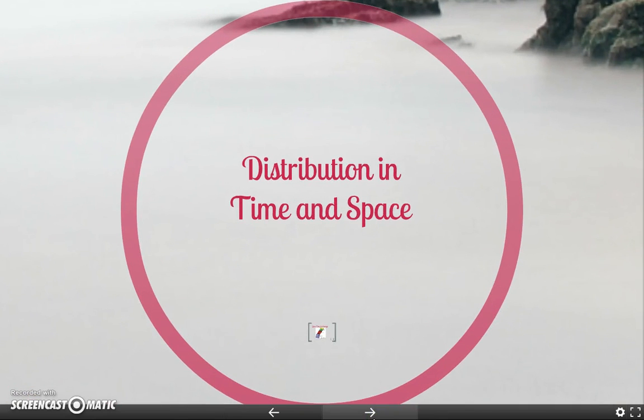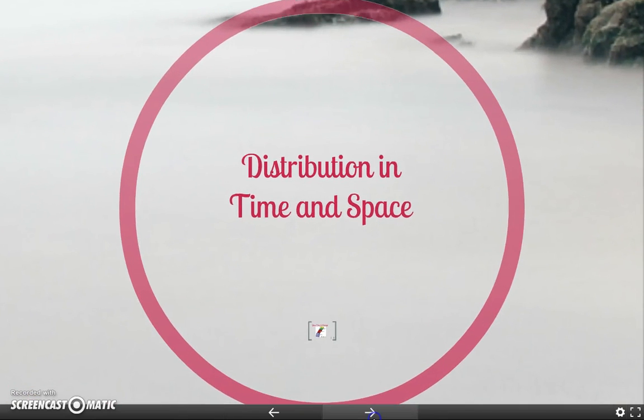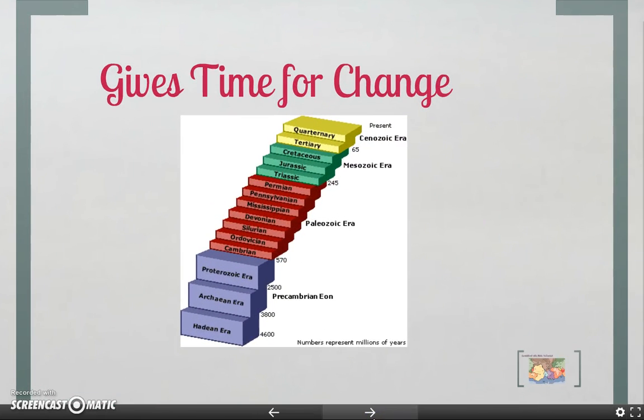The distribution of these fossils in time and space also is evidence. We have a long history here on Earth, 4.6 billion years to be exact, which is plenty of time for us to have evolved from that first creature that crawled out of the primordial soup over 3 billion years ago till today, the Quaternary time period where we are today, and all the millions of different species we have today.